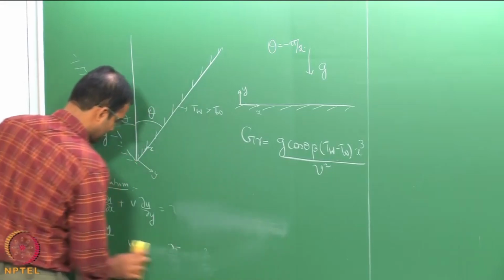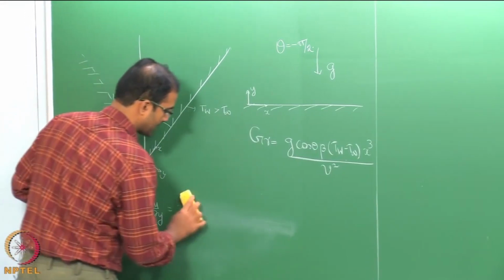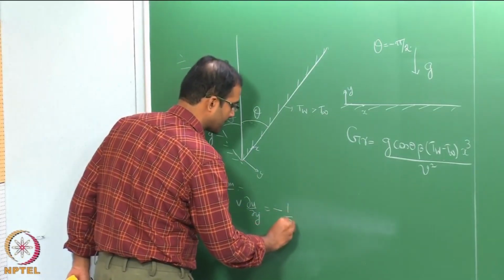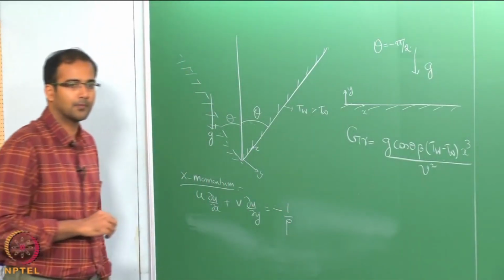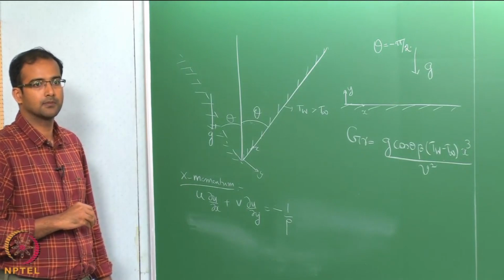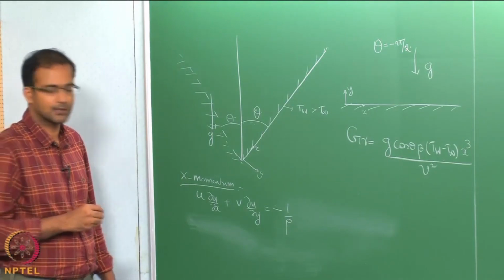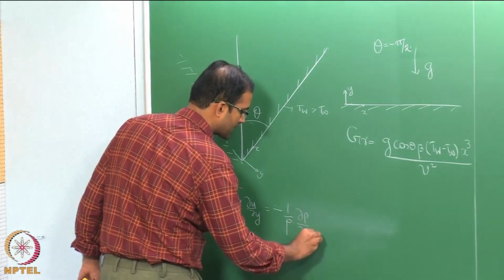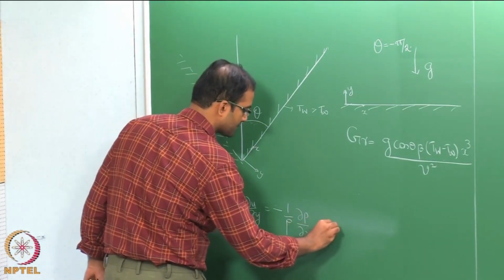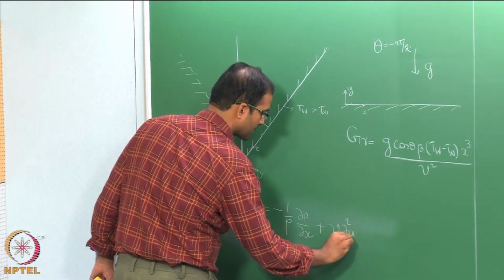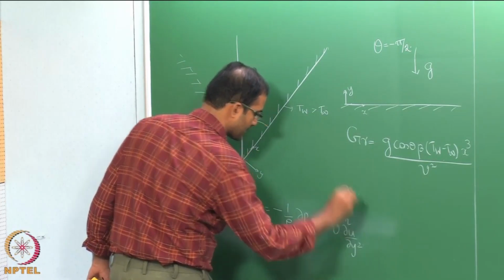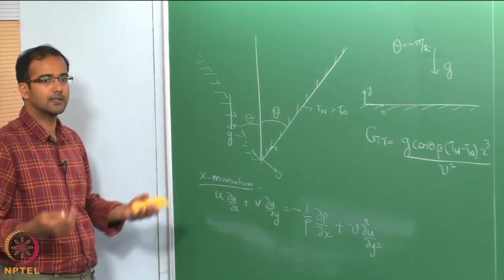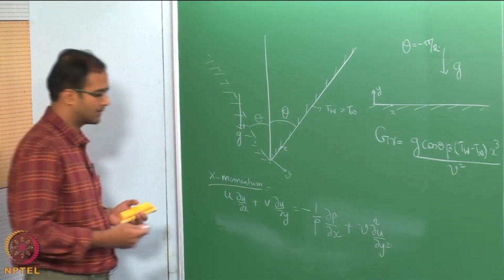So, in that case what will be the x momentum? Okay. So, in this case you cannot include the Boussinesq approximation in the x momentum because there is no gravity in the x direction. So, you just write your boundary layer equations. So, this will be your x momentum. Now, the effect of buoyancy will be felt in the y momentum equation. Okay.